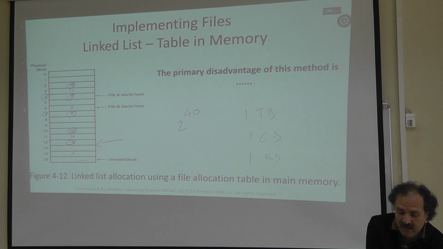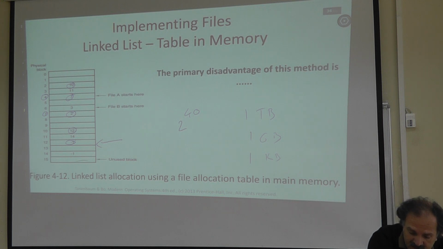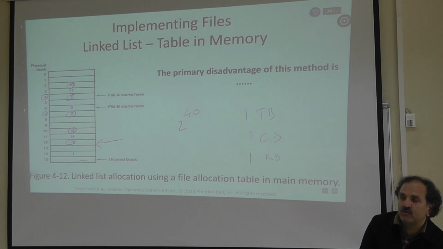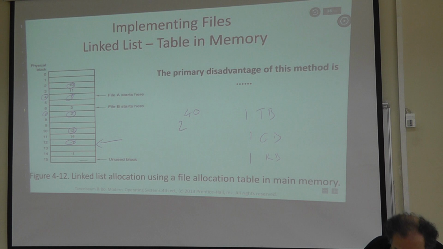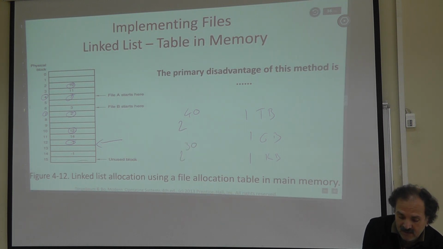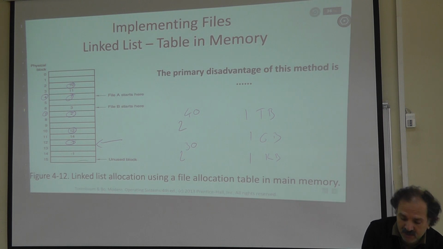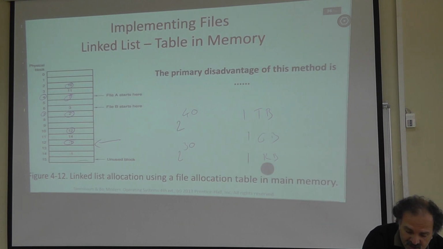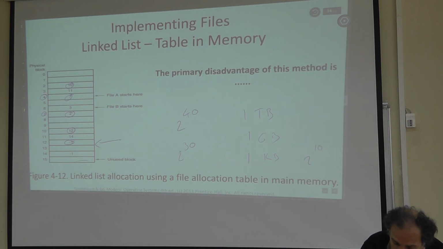I need to have a single table entry for each kilobyte of data. So I need to have 2 to the power 30 elements inside my table, right? Because each block is 1 kilobyte, and 1 kilobyte is 2 to the 10.